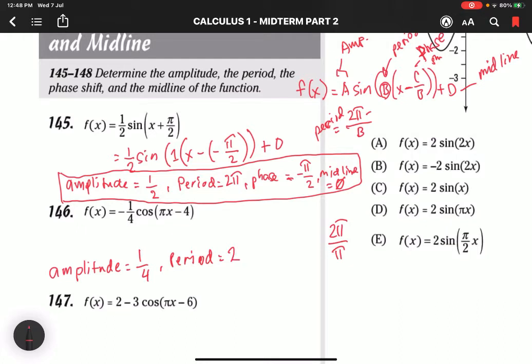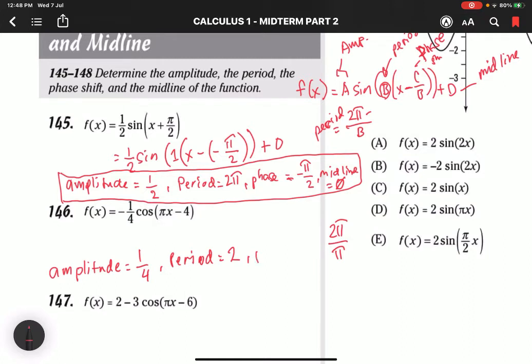Si phase shift, hindi absolute value yung sagot natin dyan. So, siya ay 4. Wala siya sa ilalim, so lagyan natin siya, kasi sabi natin dito, C over B. Kung wala siya sa ilalim, kailangan natin itong lagyan. So, ito ay magiging 4 over pi.